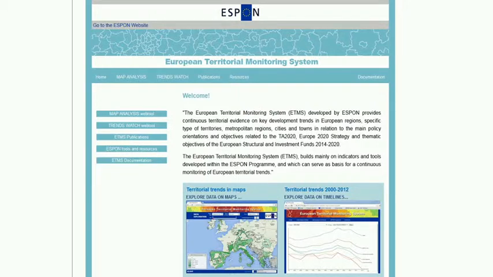One of the latest projects that was delivered in December is the European Territorial Monitoring System, which has a special focus on the Baltic Sea region, and it tracks all the major policy initiatives during the last EU program, where you can have an in-depth analysis of territorial evidence on key developments and trends in European regions, specific types of regions, and metropolitan regions, etc.